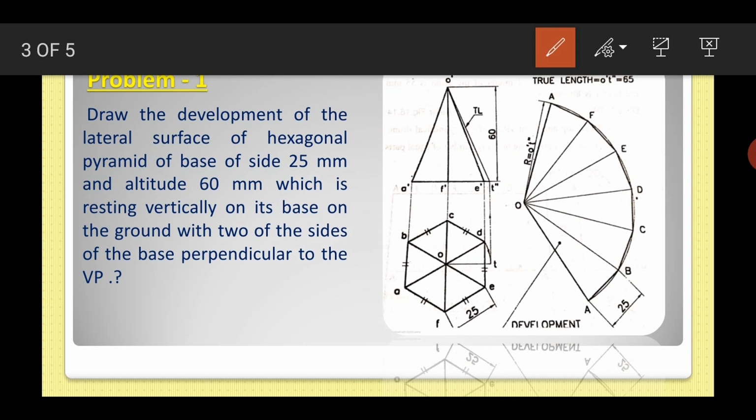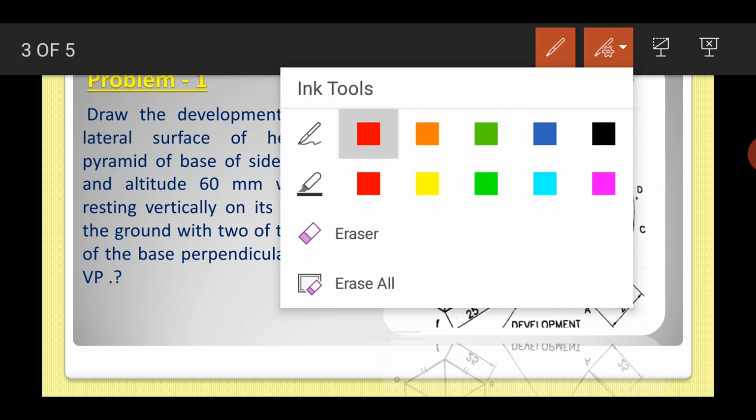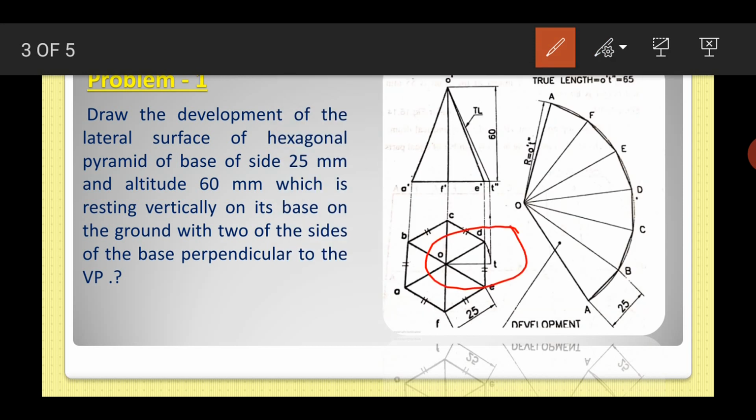So you can see this part, how you got it. You just make an arc from D, and you get the D point.